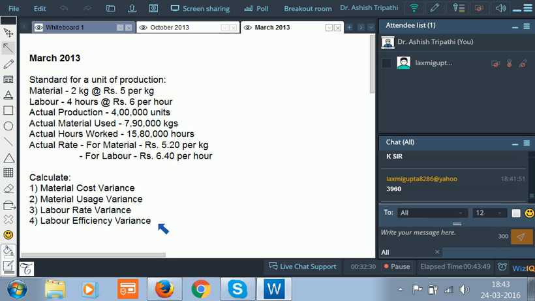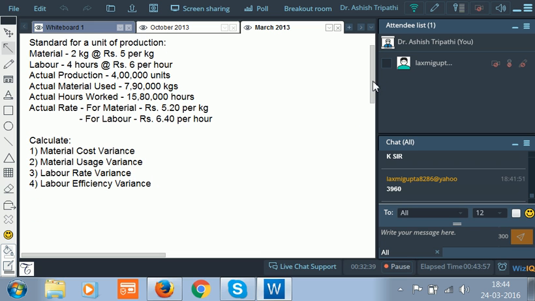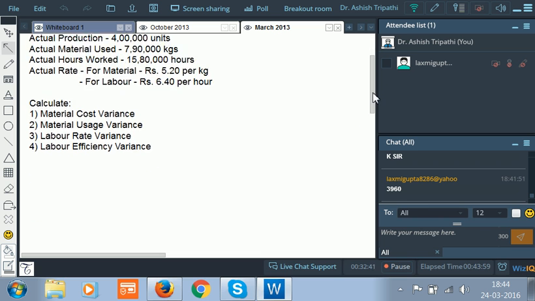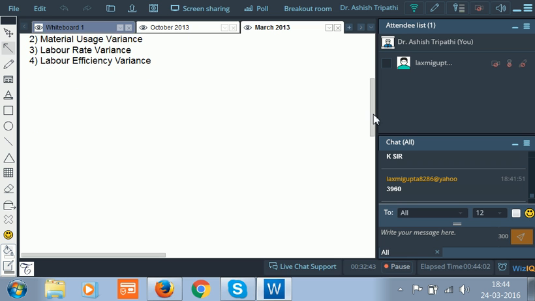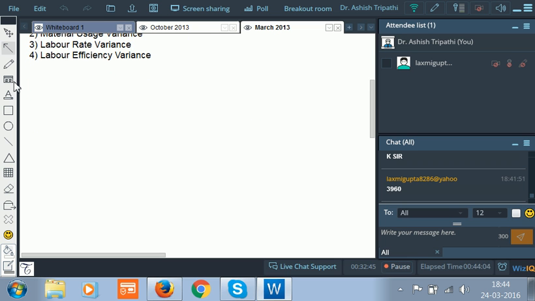Now this time we have to calculate material cost variance. So let us start solving this question. First we will prepare the table. Standard unit for actual output and actual unit for actual output.